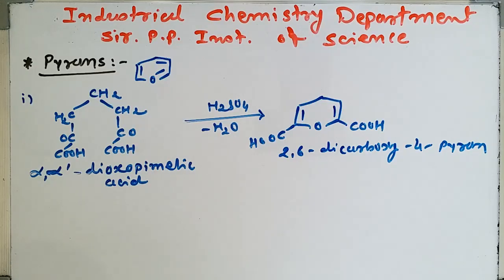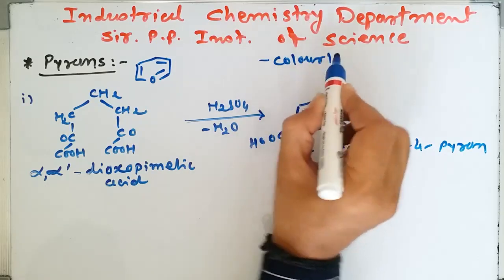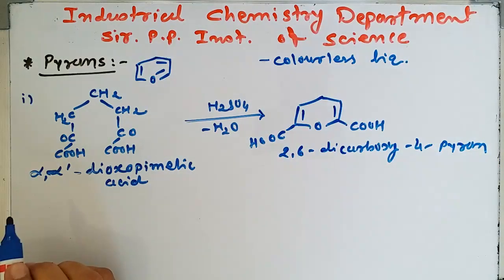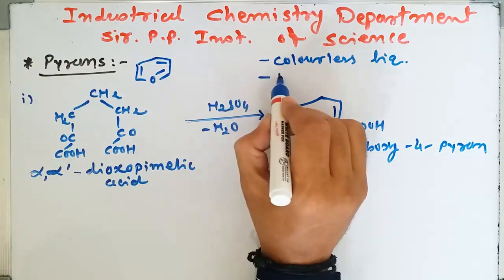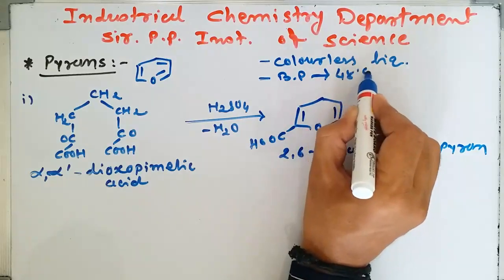4-Pyran is a colorless liquid. Its boiling point is 48 degrees Celsius.